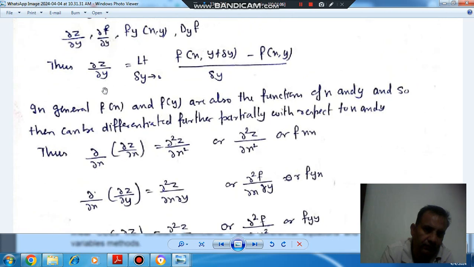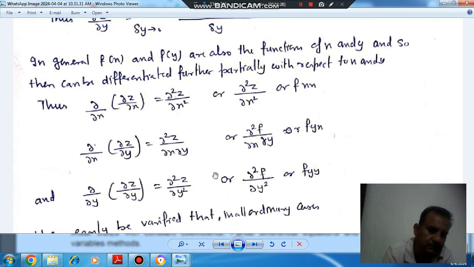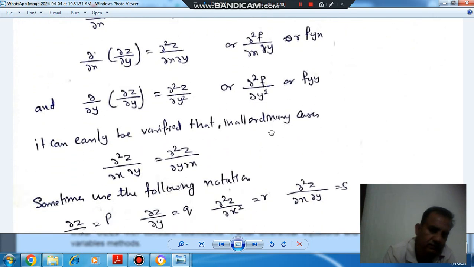Similarly, if we differentiate this with respect to y, then it will be curly square z by curly x curly y, or curly square f by curly x curly y, or f_yx, because first we have differentiated z with x, so we write x first and then y. Similarly, if we double differentiate curly z by curly y, then it will be curly square z by curly y square, or curly square f by curly y square, or f_yy.